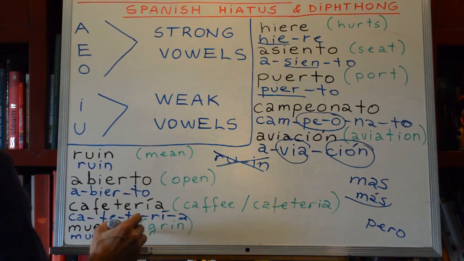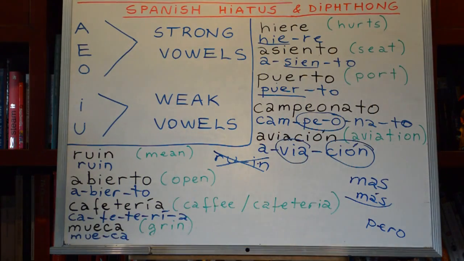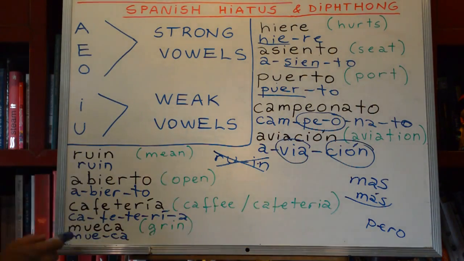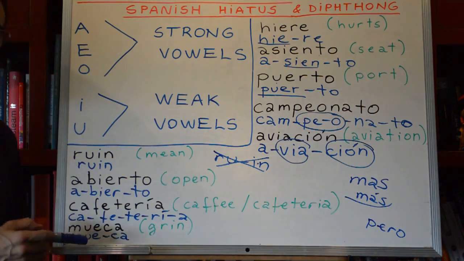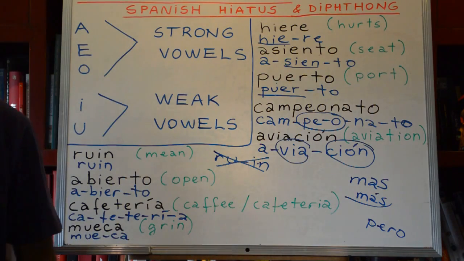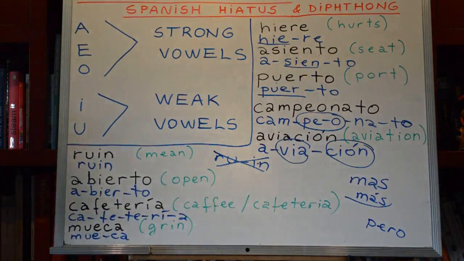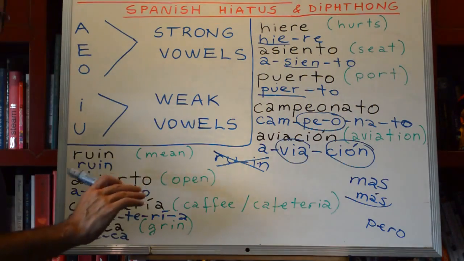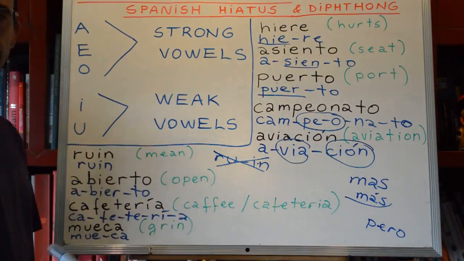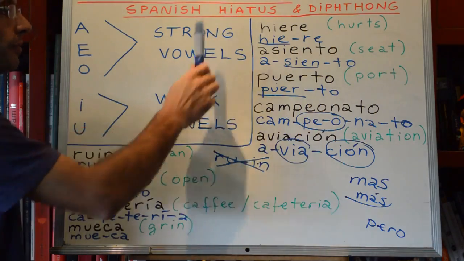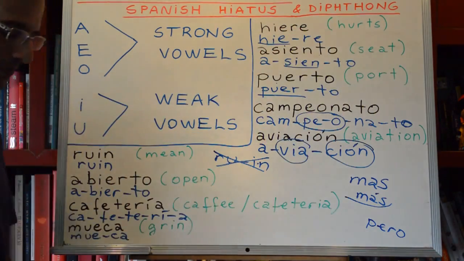So we separate this in two syllables only. Mueca. So this is another case of a diphthong. Un diptongo. Bien, entonces hasta esto es lo que les quería enseñar sobre hiato y diptongo.